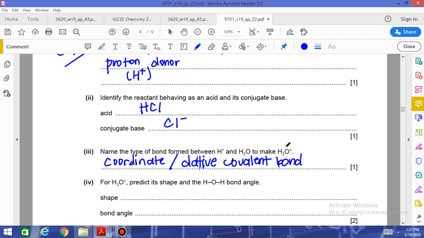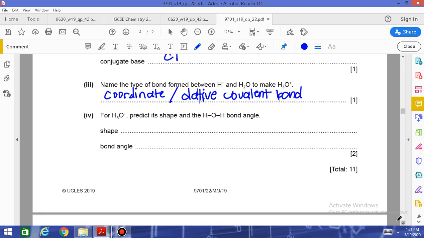So remember, when water reacts with H plus, I want to draw the Lewis structure of water first, this one. In this case, oxygen has two lone pairs of electrons on the central atom and it reacts with H plus.